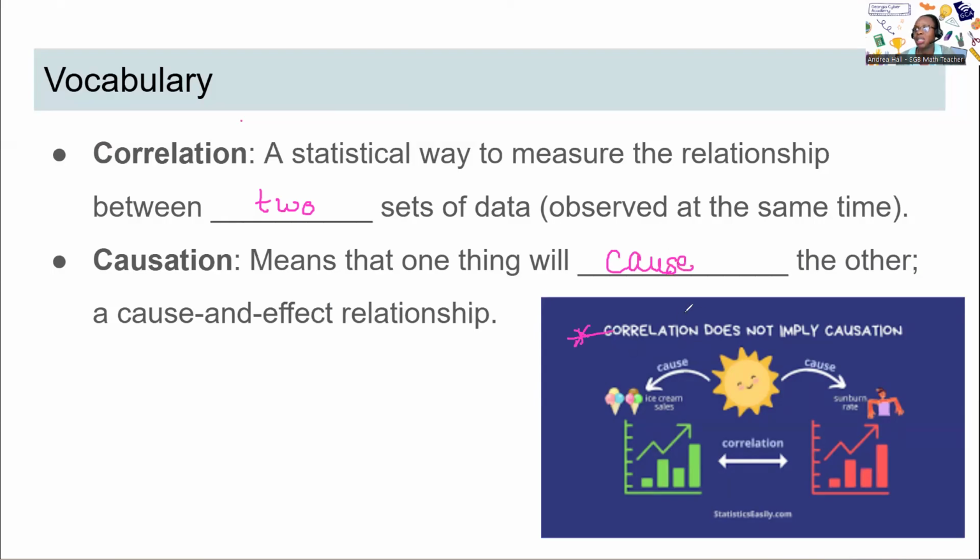Remember, correlation does not imply causation, right? There's a correlation between when the sun is out, ice cream sales go up, but it doesn't mean that it causes it. There's a correlation between the sun and getting sunburn. Sun does cause sunburn. So there's a direct causation and correlation. So just see the difference there.